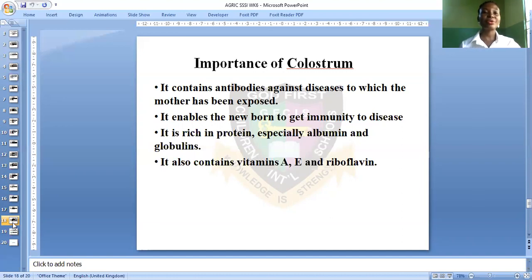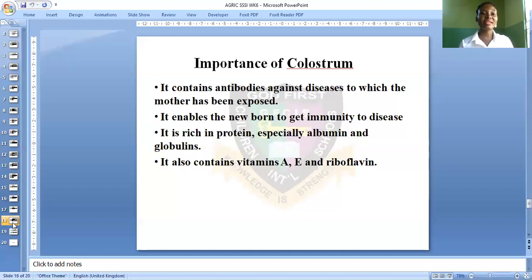For a quick recap, we've discussed reproduction in farm animals, which is the ability of farm animals to produce young ones. We discussed categories of farm animals: viviparous, which are the mammals, animals that produce their young ones alive, and oviparous, the poultry birds, animals that lay eggs and hatch them after the incubation period.